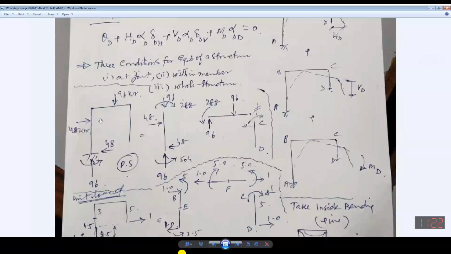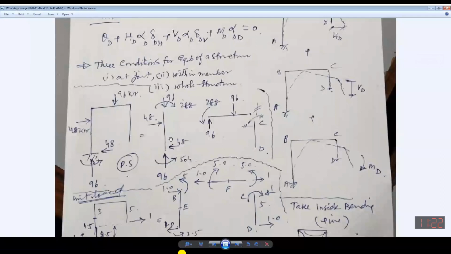If I talk about this joint, there should be equilibrium. Similarly, if I talk about this joint, it should be in equilibrium. So at every joint, equilibrium. Within member, equilibrium. Whole structure, equilibrium.